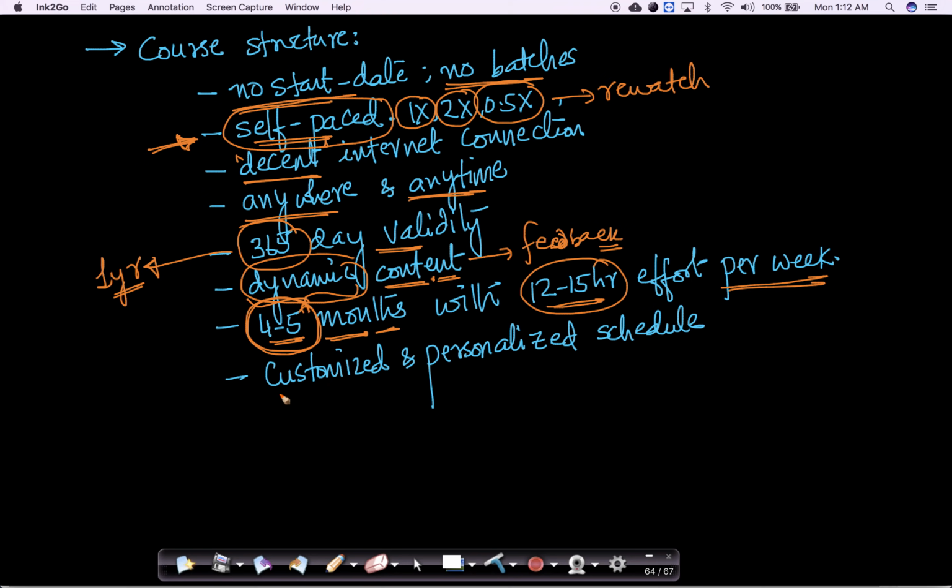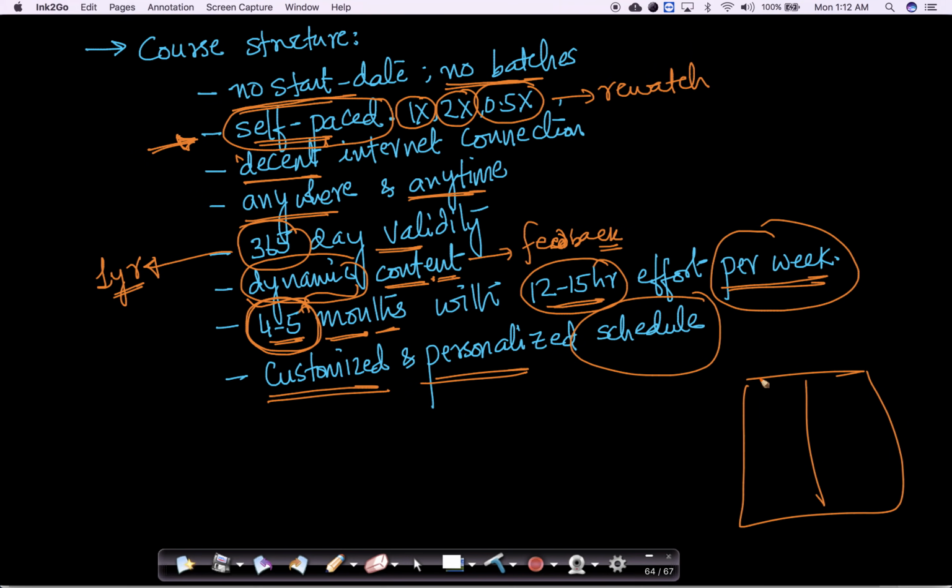And a very recent thing that we've done is, for each of our students, based on how many hours of effort they can put in every day, over the weekdays and weekends, and based on their background, we give a customized and personalized schedule. It's literally like a timetable which says on so and so date, these are the concepts that you should finish. It's an extremely useful thing.